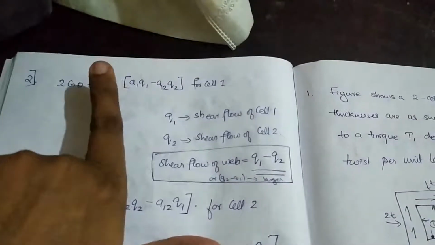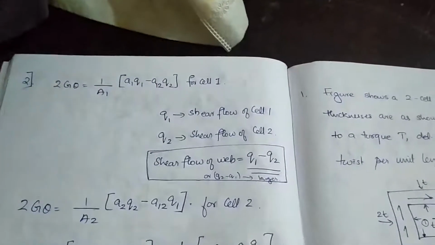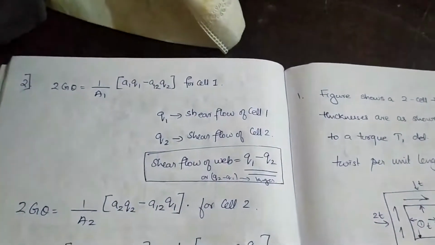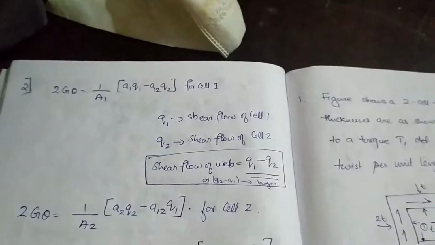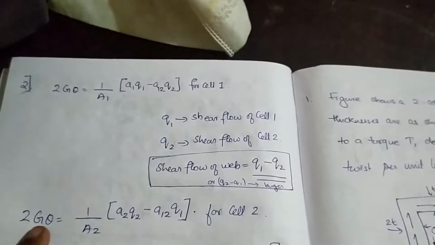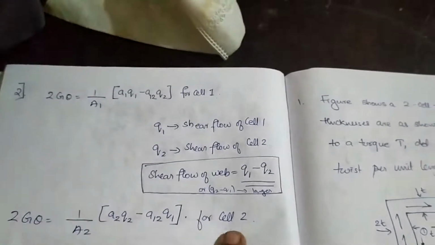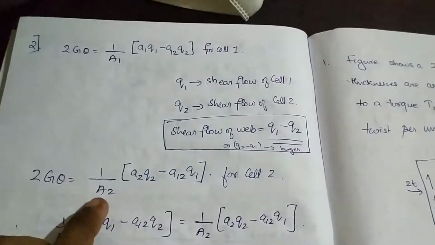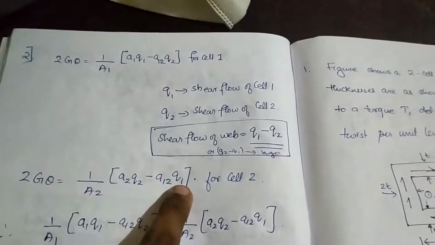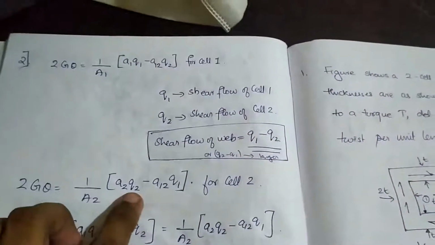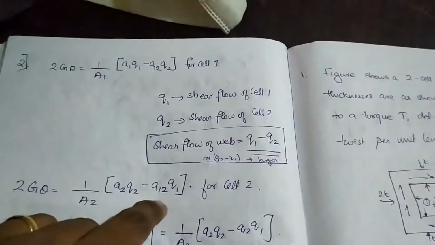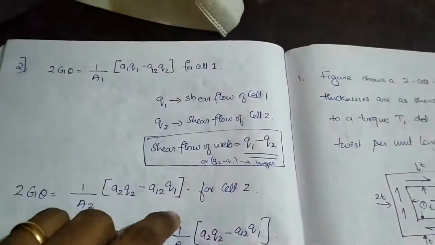Q2 is the shear flow for cell 2. Delta 12 is nothing but the ds by t of the web. Okay, and also 2G theta in case of cell 2, the equation is 1 by A2 into delta 2 q2 minus delta 12 q1. Just reverse it. Here delta 1 q1, here delta 2 q2. Delta 12 same. Instead of q2, here q1.